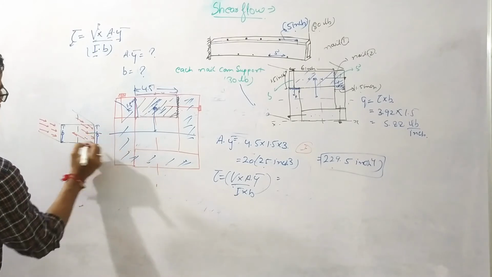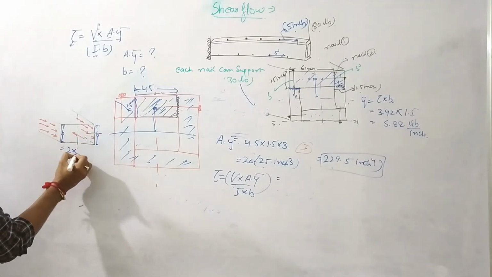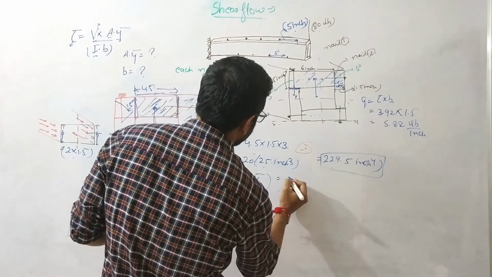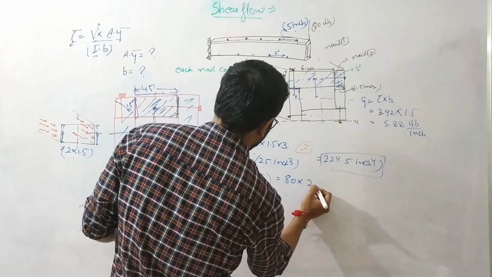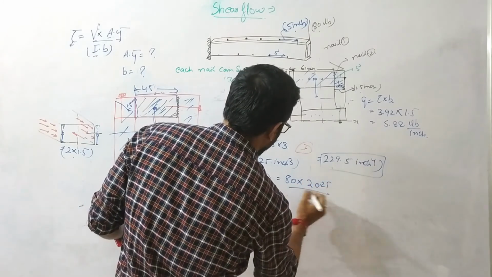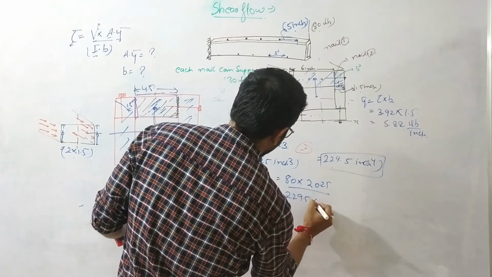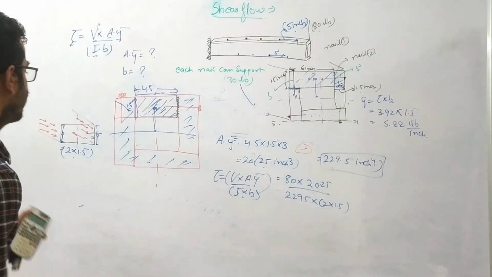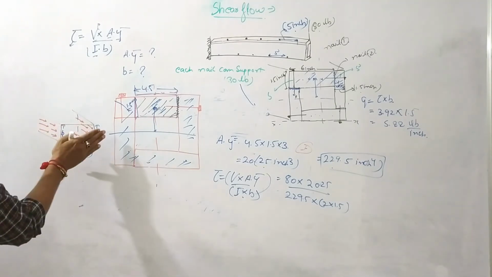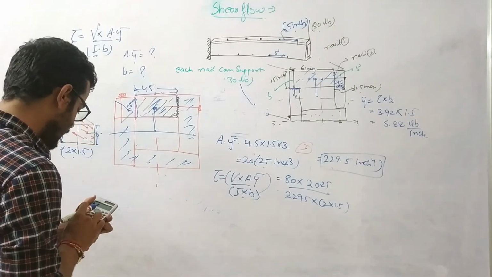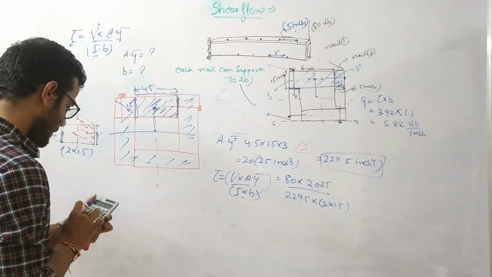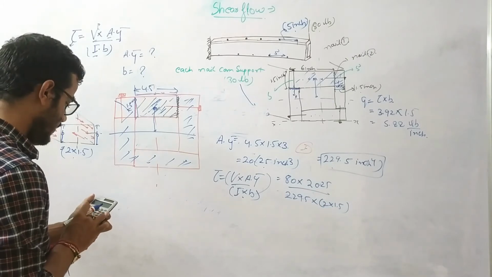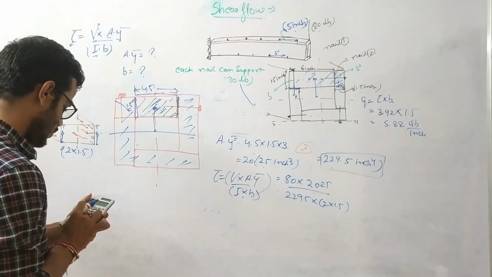One resistance will be provided from this side, and one from this side, so b will be total 2 into 1.5, because the resistance is provided from both sides. V is 80, A y bar is 20.25, and I is 229.5, into b, which is 2 into 1.5.